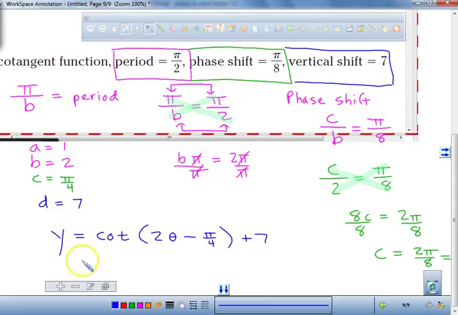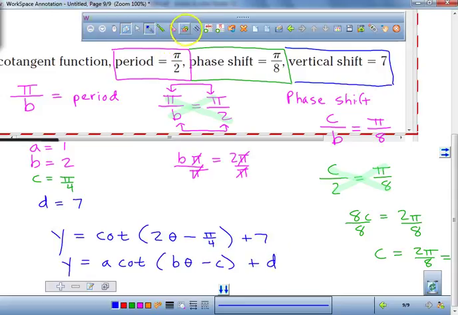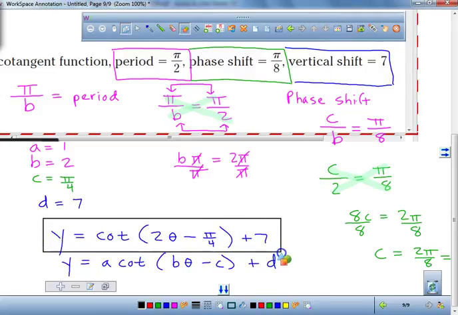What I'm doing right now is following this pattern: Y equals A cotangent B theta minus C plus D. So that right there is my final answer for number 14. Really, all you have to worry about, it's a little tricky, is finding what?